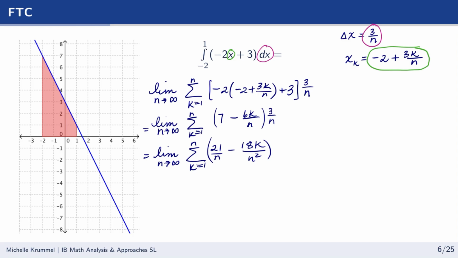Now I'm going to use some properties of summation. 21 over n is a constant multiple, so bring that outside. 18 over n squared is a constant multiple, so we will factor that out as well, leaving behind a k.